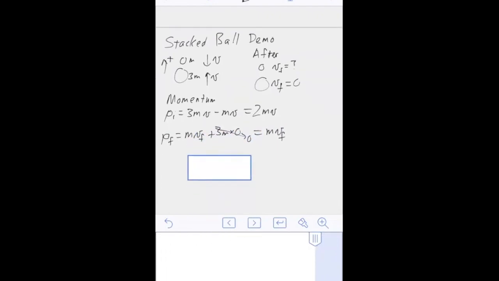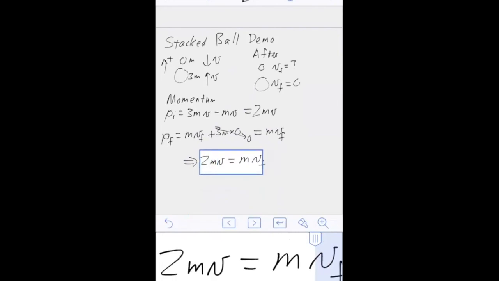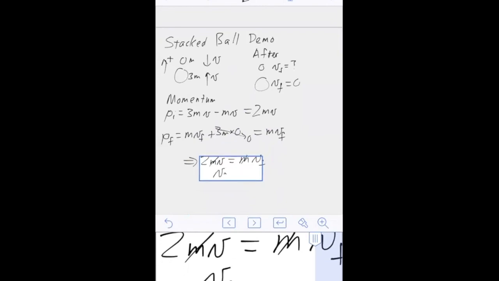So this expression becomes mass times v final. By conservation of momentum, 2mv, the initial momentum, is equal to m v final. There's a mass on both sides, so v final is just going to be equal to 2 times the initial velocity.